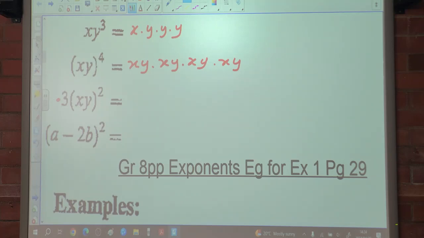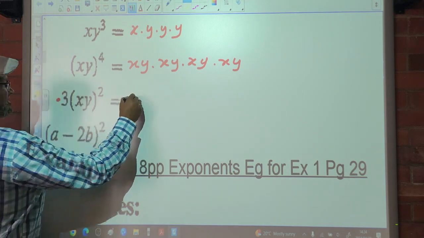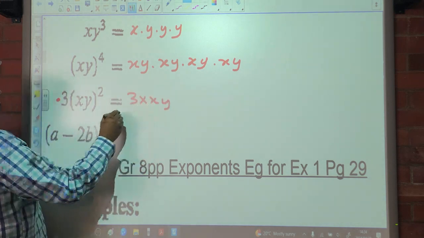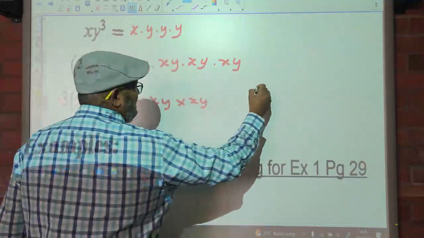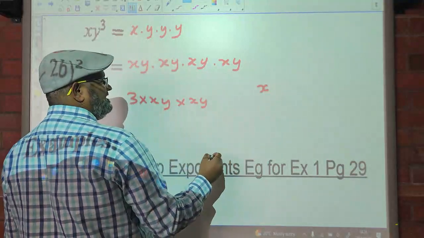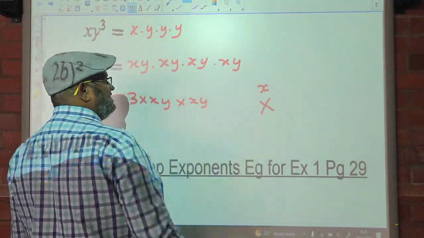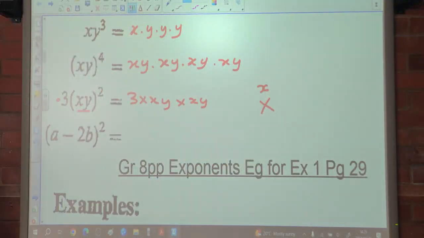Yes, Mizan, talk to me. 3 times xy times 3 times xy times xy. You'll see we make an x like that, indicating a multiplication sign. Okay, so don't get confused.